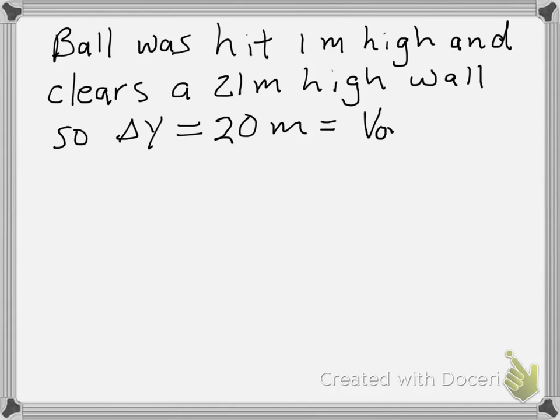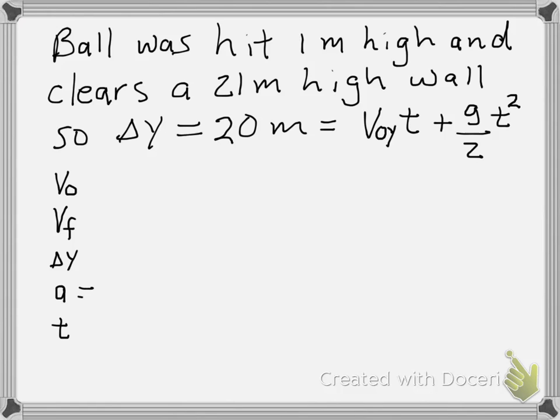The ball's hit at 1 meter high, so we have a change in height of 20 meters to clear that wall. We use the kinematics equations. Okay, notice this guy right here. Second kinematics equation. Okay, we're filling out our chart. Watch the magic as we fill out our chart.